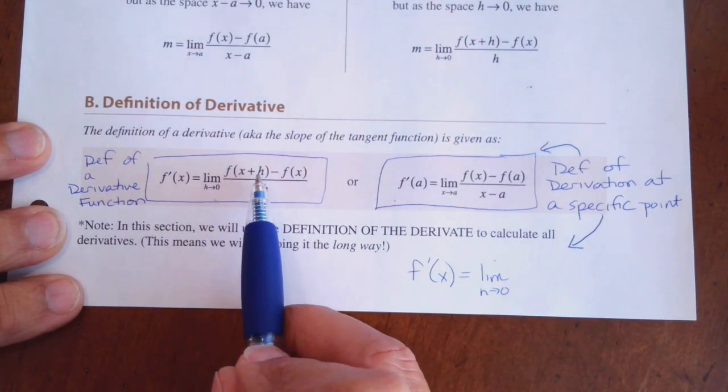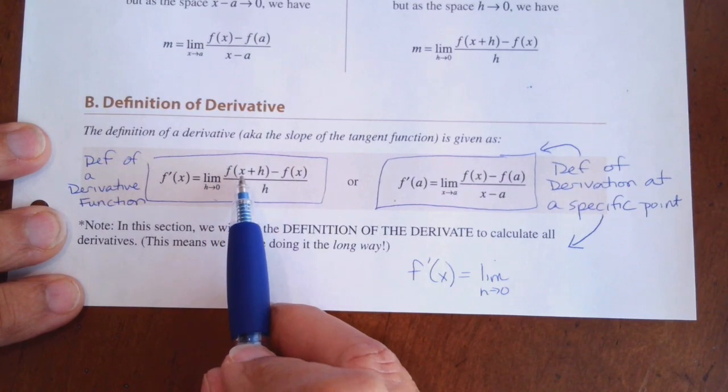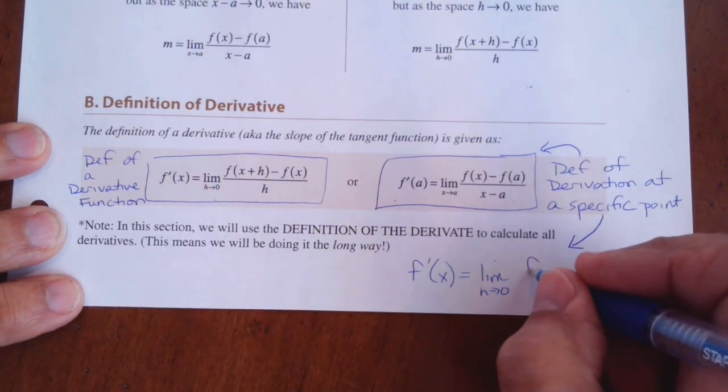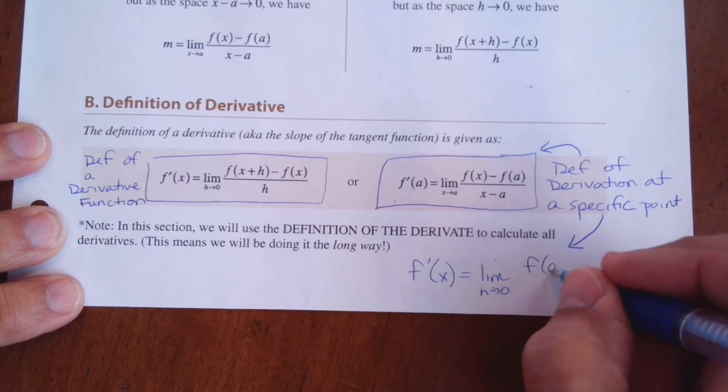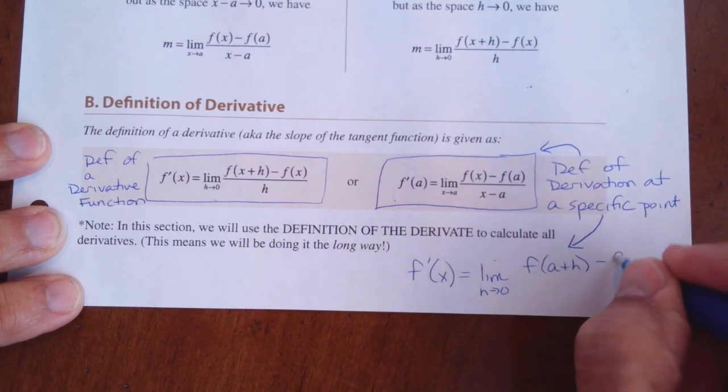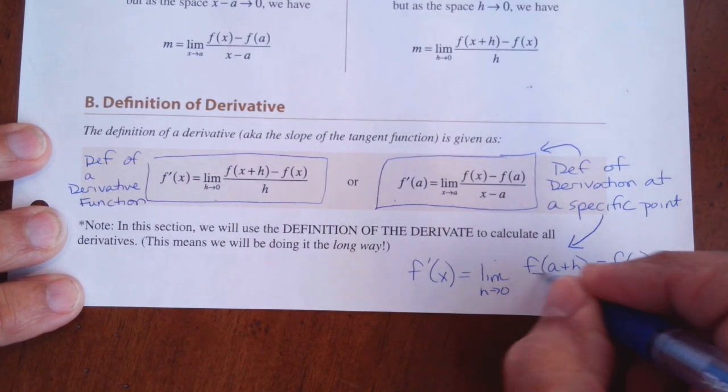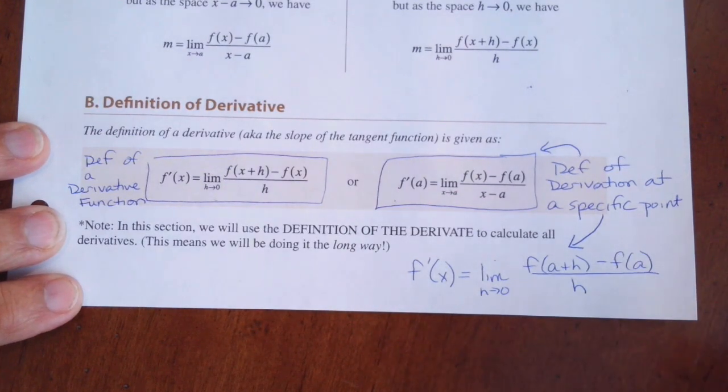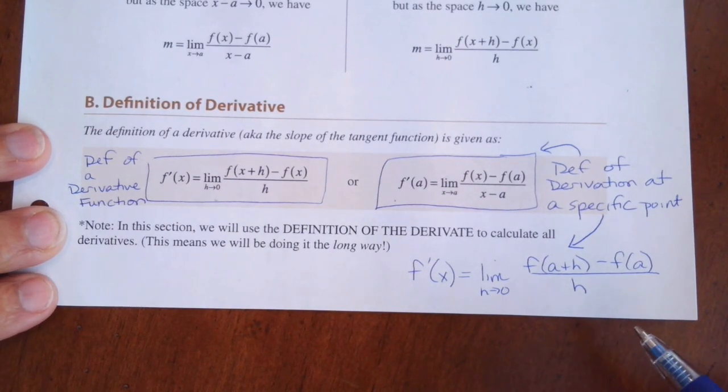And then we're just going to substitute in the point A here. So if I do get a point, I could do f of a plus h minus f of a over h. Now I can use this formula and I can find the derivative at a specific point.